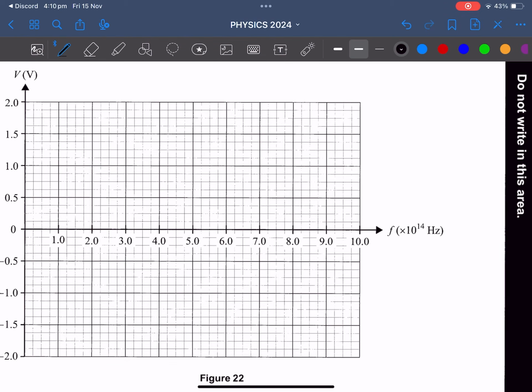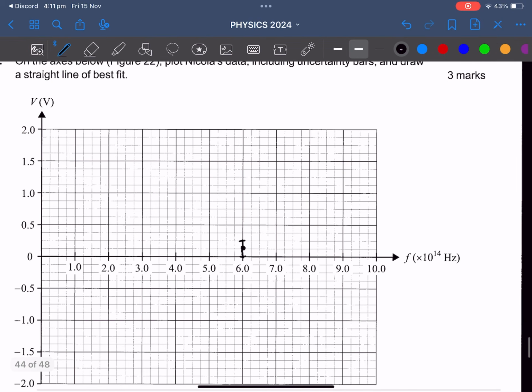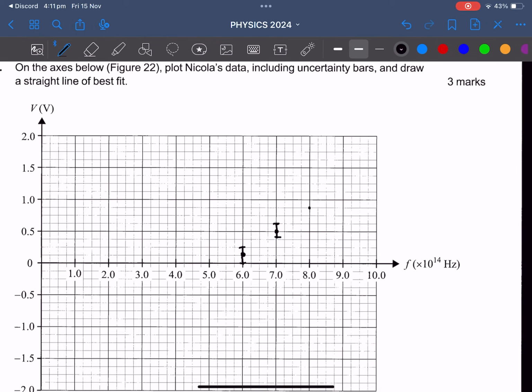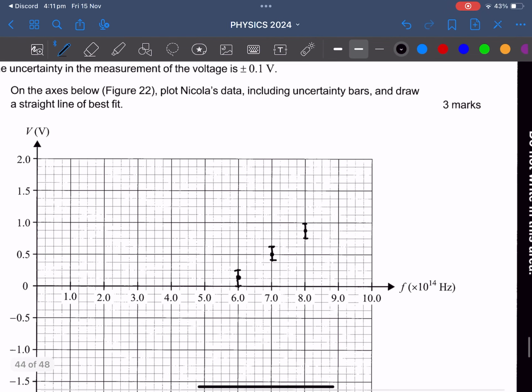Okay, so just here, and this is the uncertainty bar. At 7 is 0.5, so here, that and that. 8 is 0.9, so here, that and that. 9 is 1.2, so that's here.